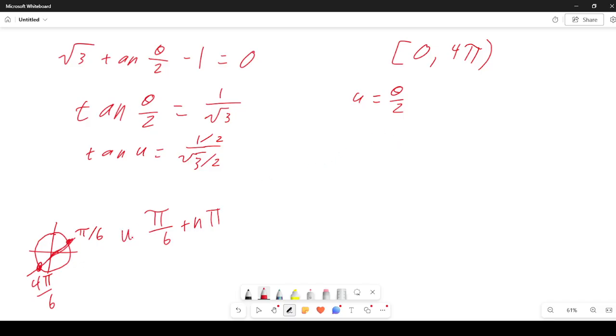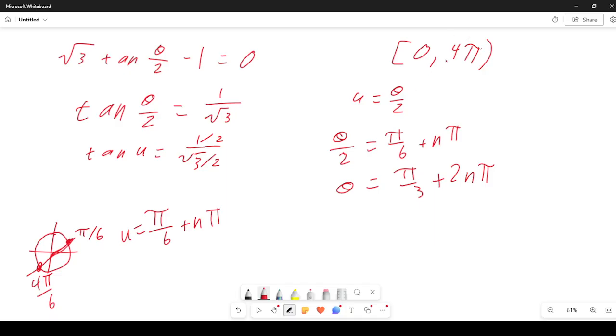So that's u. So now that means theta over 2 is pi over 6 plus n pi. So theta is pi over 3 plus 2n pi. Which looks like one of our normal type solutions there.